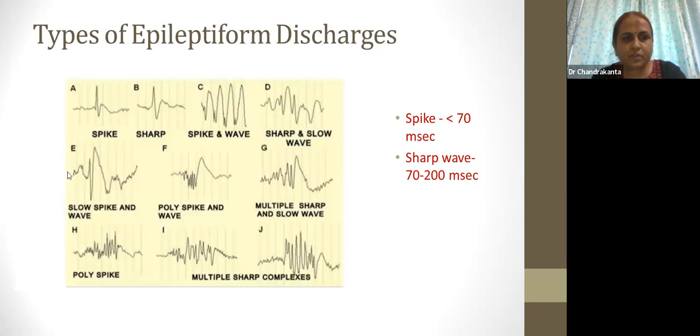Here you see there is only one spike and it is followed by the wave. Here you see there are multiple spikes, and this is followed by a wave, a distorted high voltage wave. So this is polyspike and wave pattern, and this pattern we often get in myoclonic type of epilepsies.